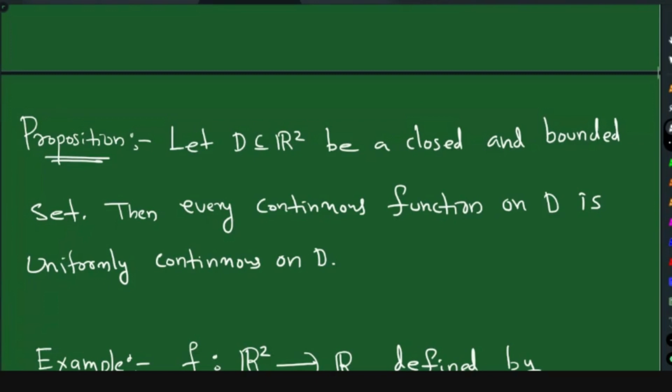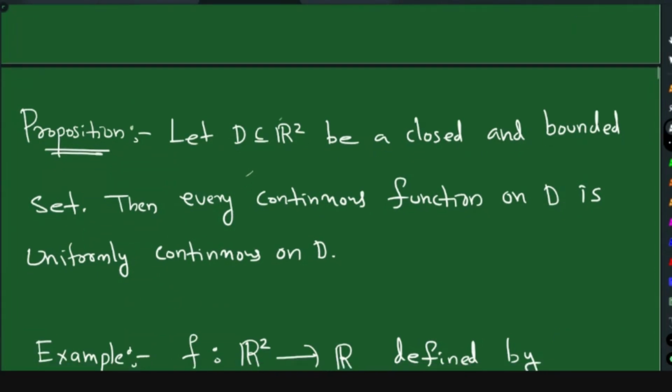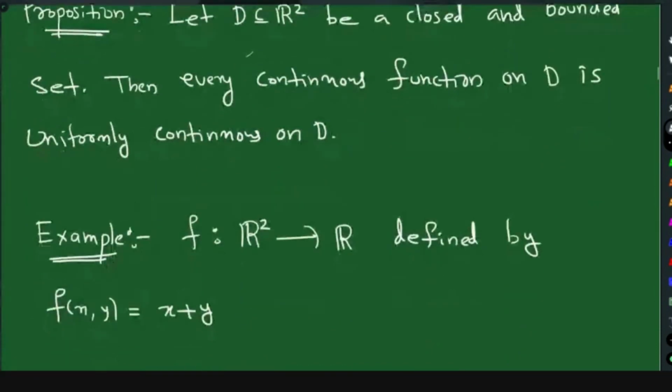So if it is defined on some compact subset, then it has to be uniformly continuous. Here D is a closed and bounded subset of R2, and every closed and bounded subset is compact. So a continuous function defined on D has to be uniformly continuous. That is one proposition.